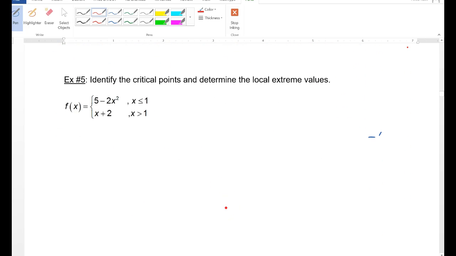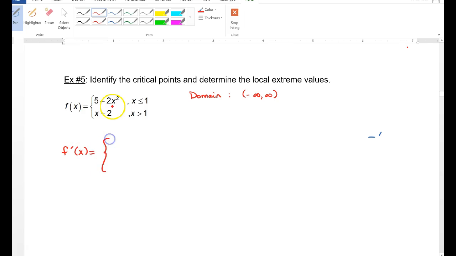Okay, example 5. So we have a piecewise function. Let's consider the domain. It says x is less than or equal to 1, x is greater than 1. That implies that we can plug in all reals. Next, we want to find the derivative.